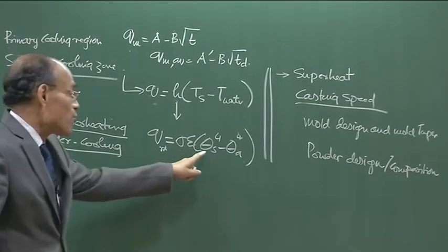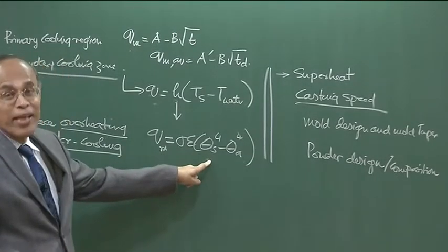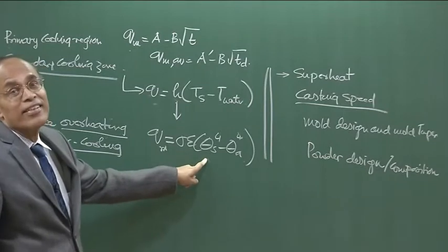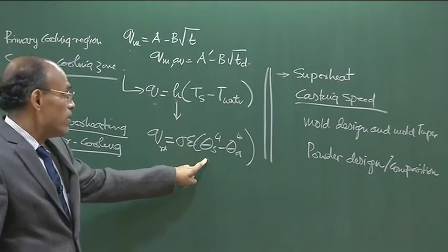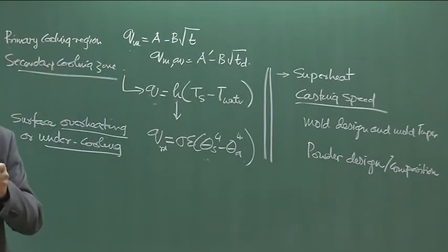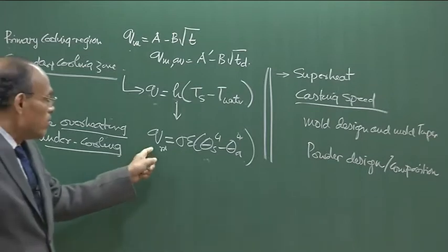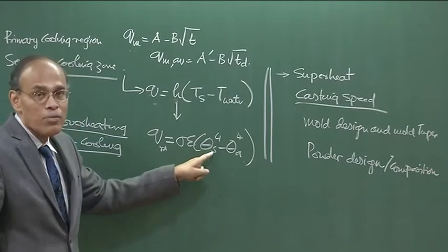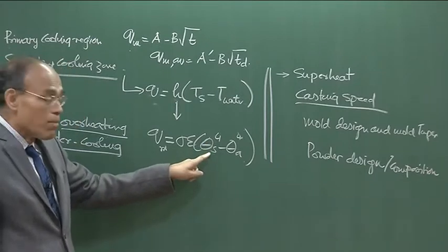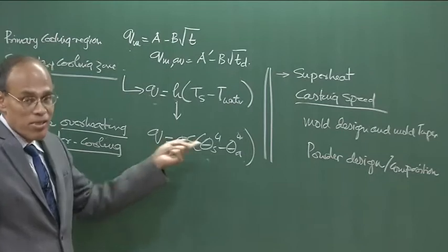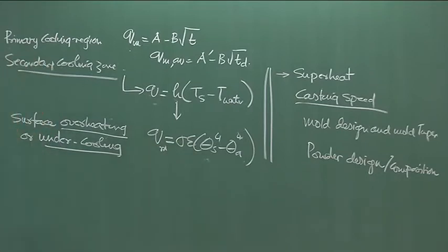At the beginning of the radiation cooling zone, the surface temperature could be about 900 to 1000 degrees centigrade. The material inside is still very soft, still very fragile, because it has just solidified. If you calculate theta s to the power 4, that means (1000 plus 273), theta being the absolute temperature, it is an enormous value, maybe 0.1 megawatt or something like that.